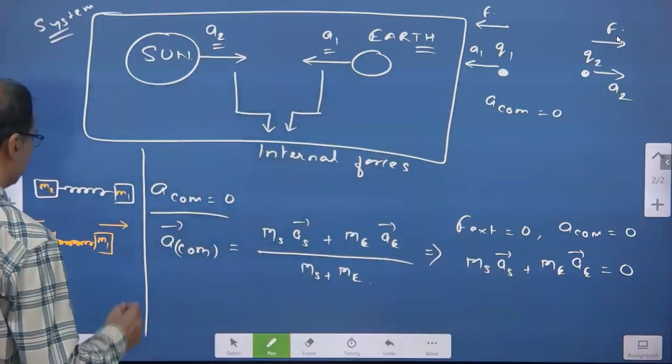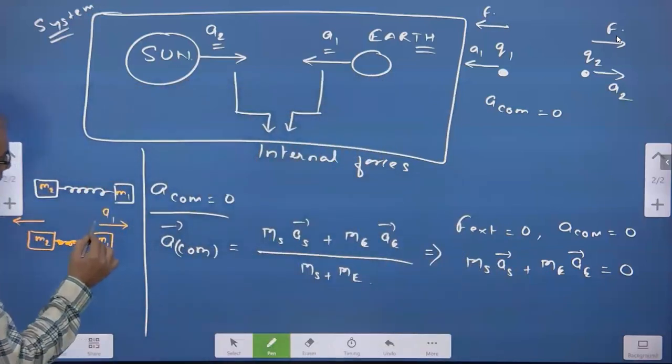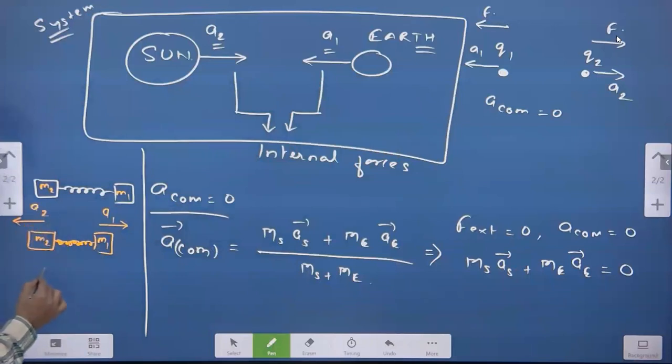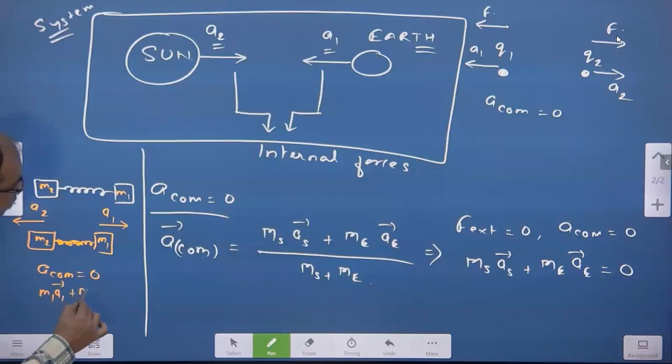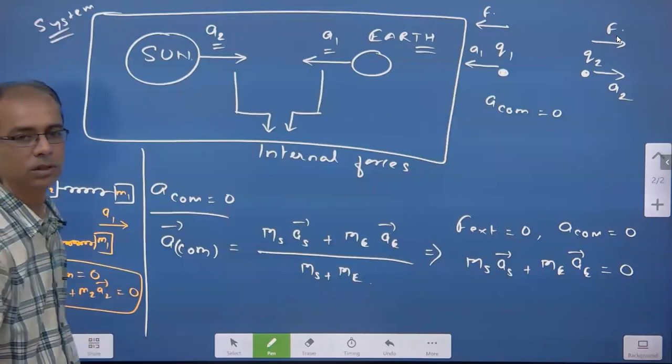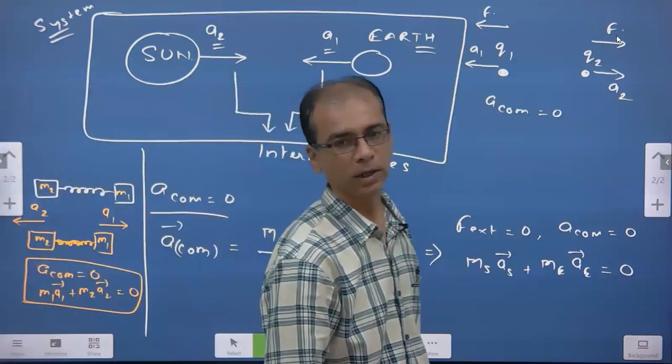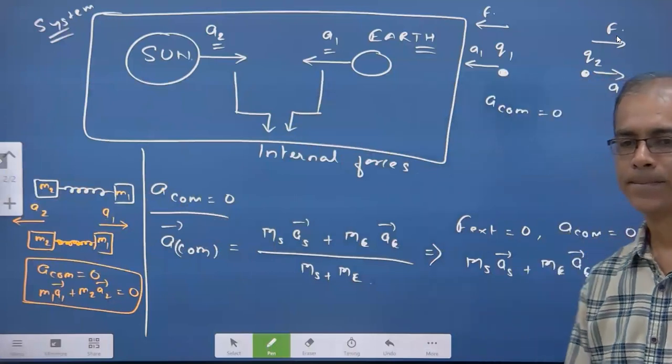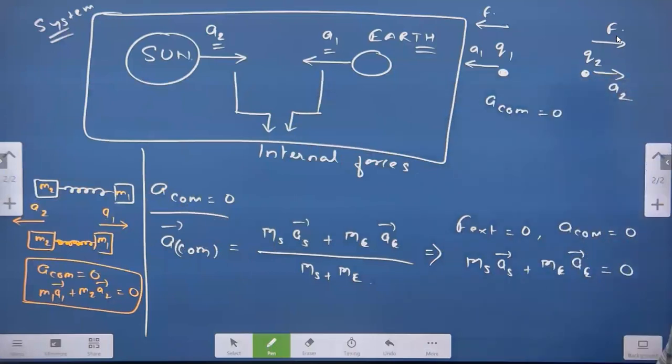Acceleration of one will be A1, the other A2, and ACOM again is 0. So here also I'll write M1 A1 plus M2 A2 equals 0. And from this, what came? Newton's third law. Is this clear? Yes, sir. Note that.